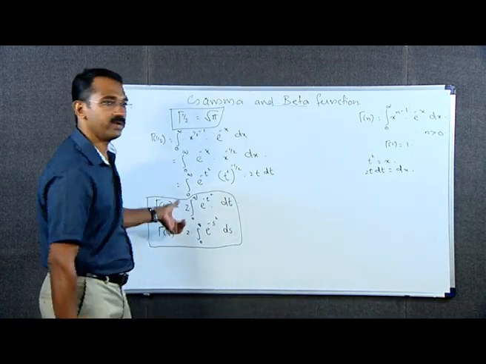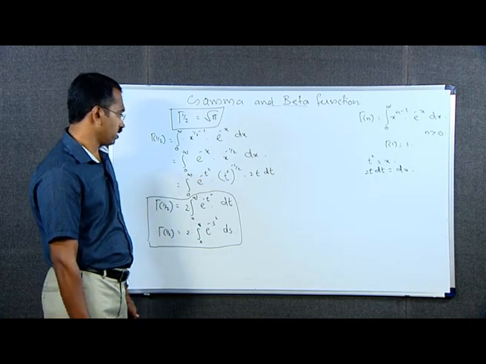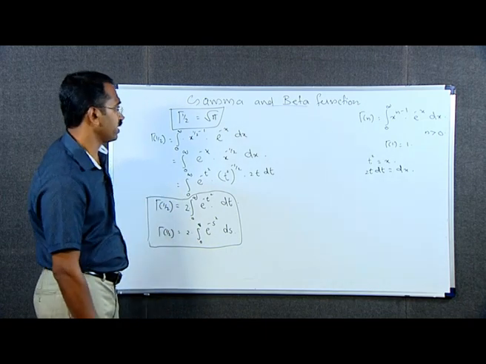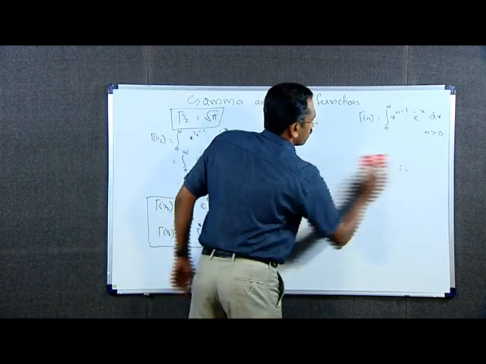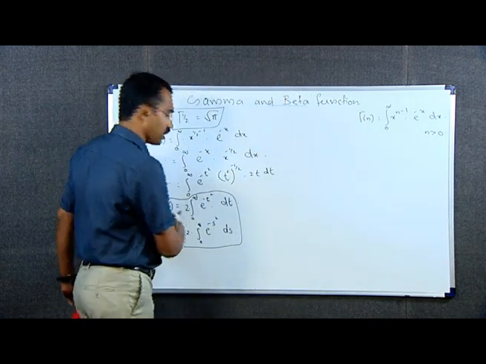Now, we multiply these two. In the left hand side, we will get gamma 1 by 2 into gamma 1 by 2.